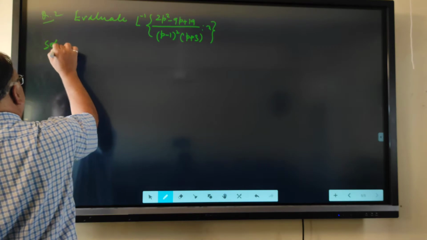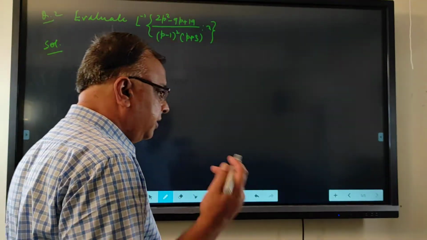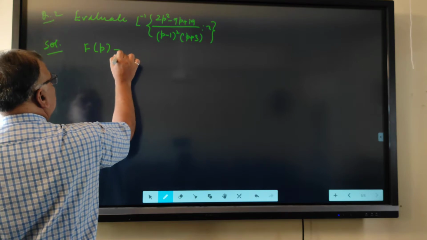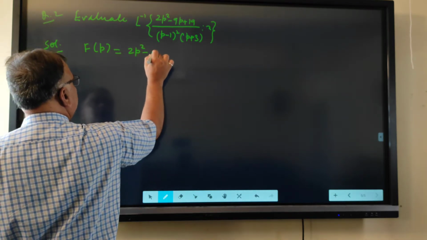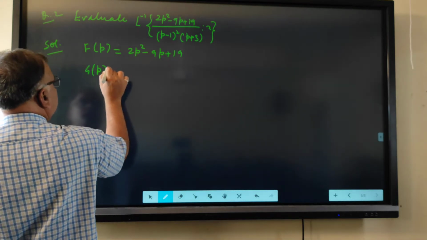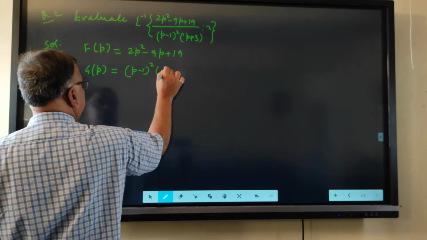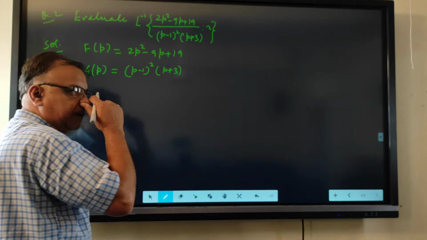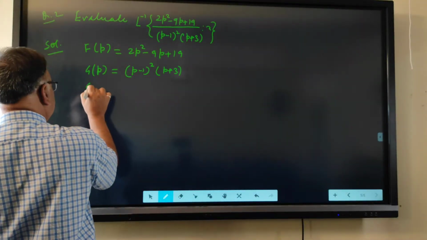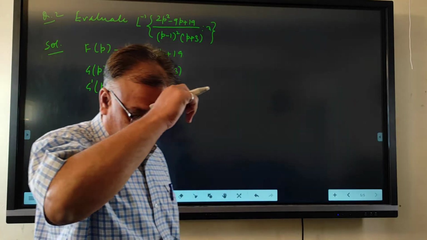Solution of the problem: if we compare this with the Heaviside formula, then we get F(p) is equal to 2p square minus 9p plus 19 and G(p) is equal to (p minus 1) whole square into (p plus 3).